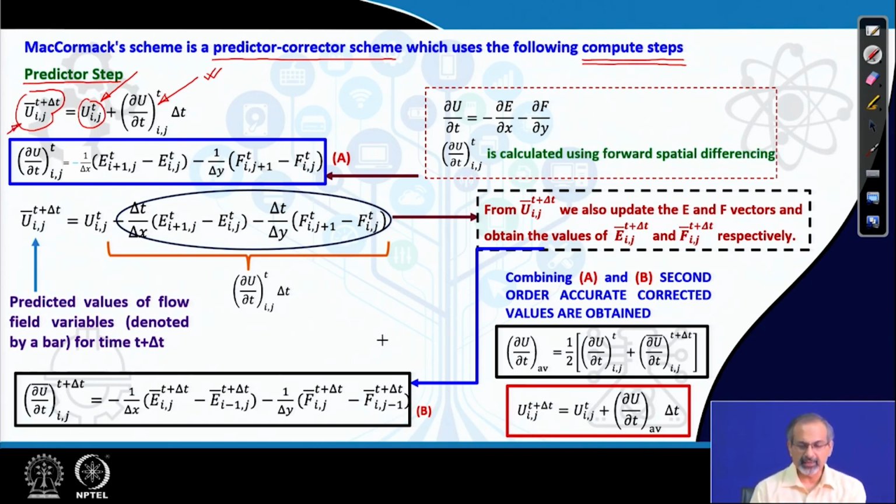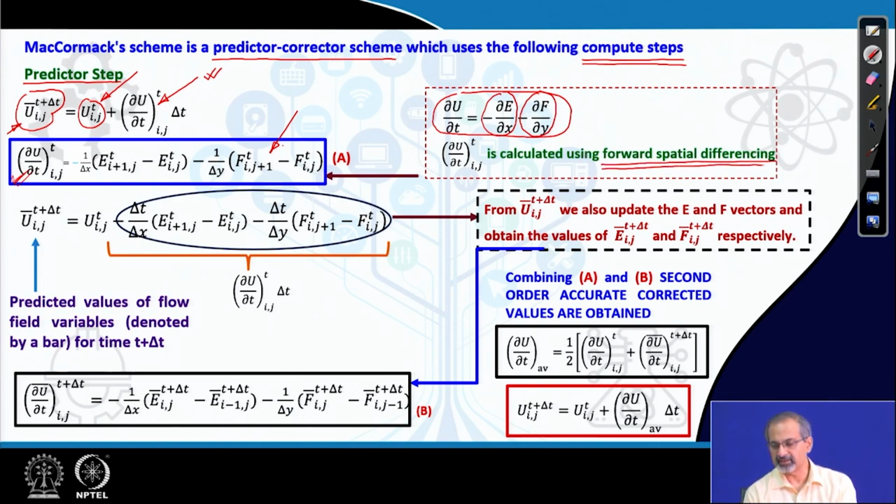So, how do we define that? We define it with a relation like this, where you can see that we have essentially used this equation and we have discretized each of these terms on the right hand side in order to get an assessment for del U del t at t. As far as taking the finite difference is concerned, we have taken forward spatial differencing.